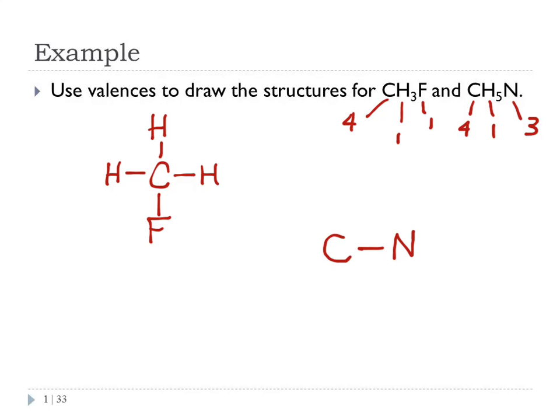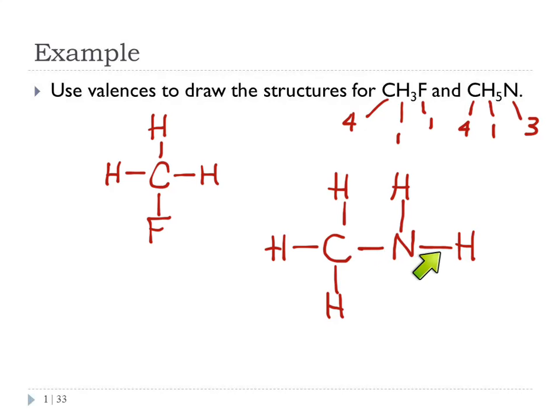And then we've got 5 hydrogens that we can stick around. Well, let's see, if we go 1, 2, 3, 4, 5, that would satisfy the valences, wouldn't it? So this carbon would have 3 hydrogens bonded to it, and the nitrogen would have 2 hydrogens.